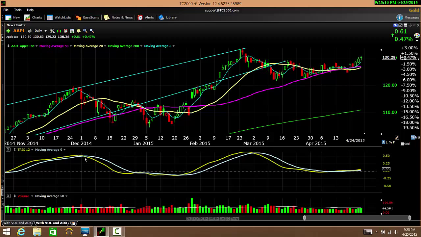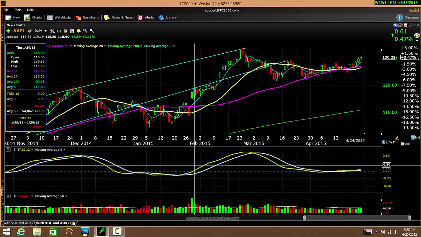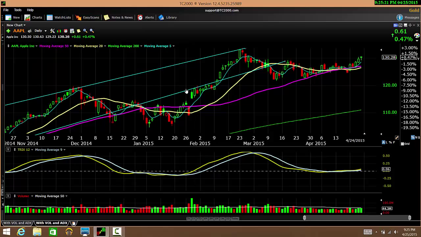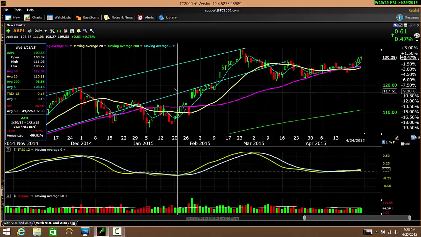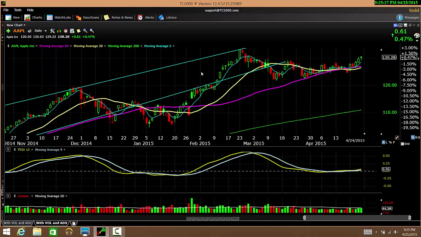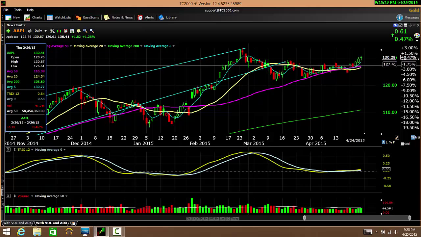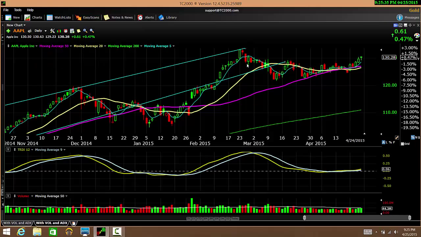And then you wait until you get another buy signal, which comes right here on January 29 on pretty good volume. So if you purchase the stock here, which is around 117, you can ride it up until it breaks the 20-day moving average, which is around 126. So that's around a $9–10 move.